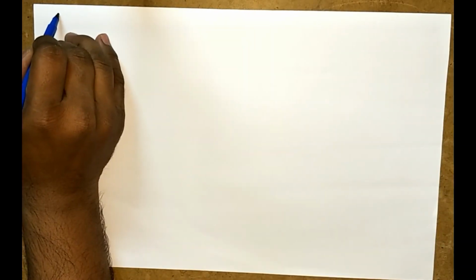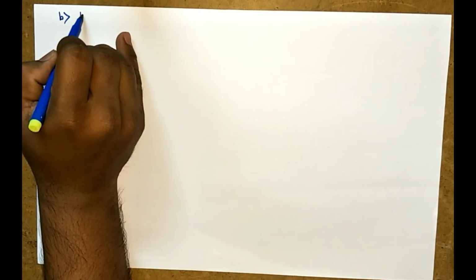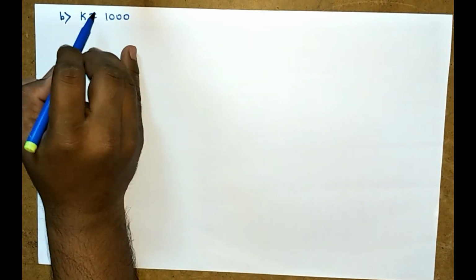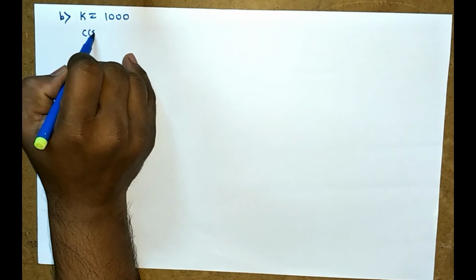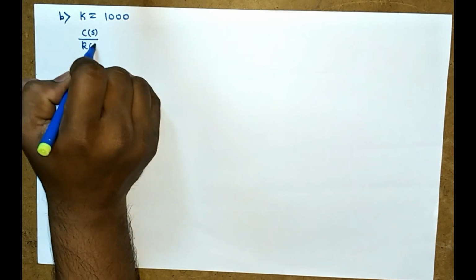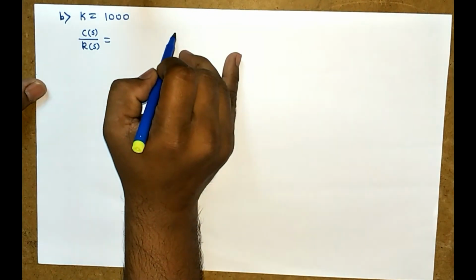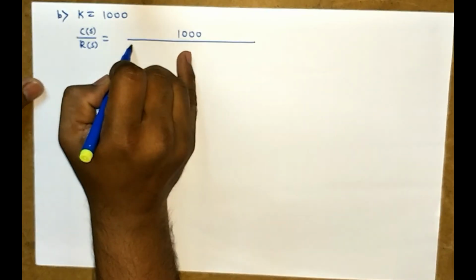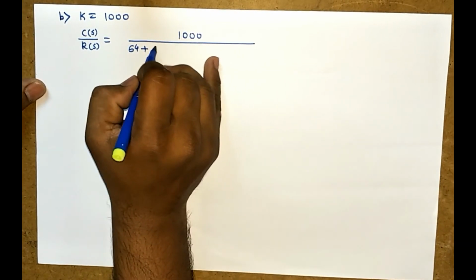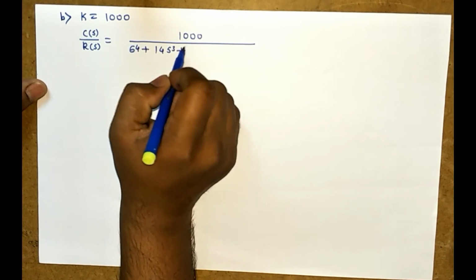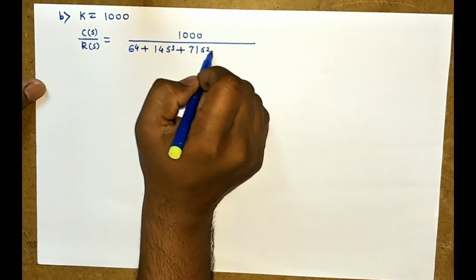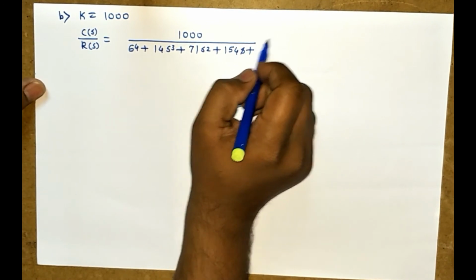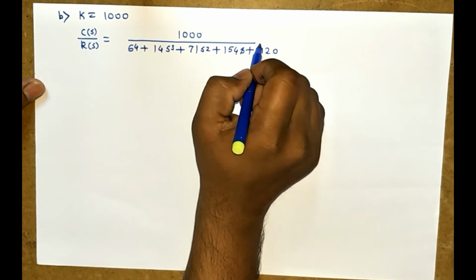Let us try to find out stability for the second condition, that is k is equal to 1000. Find out the transfer function C of s upon R of s. You get the final answer 1000 upon s to the power 4 plus 14 s cube plus 71 s square plus 154s plus 1120.